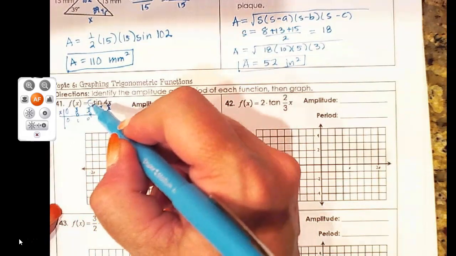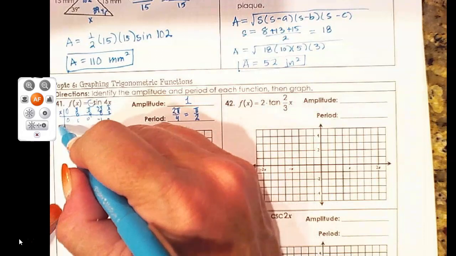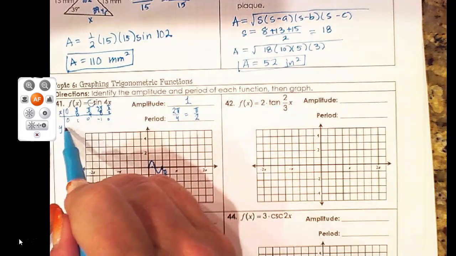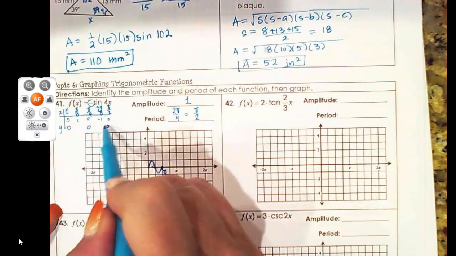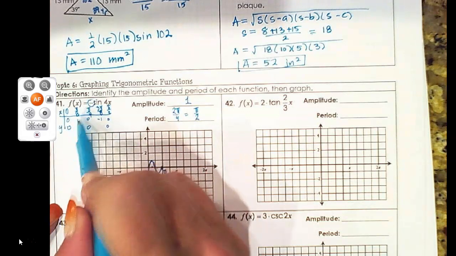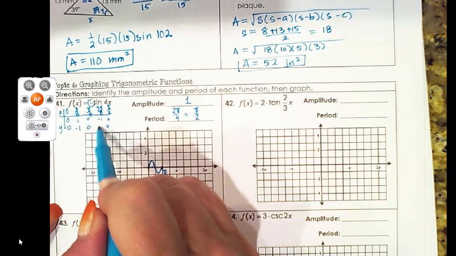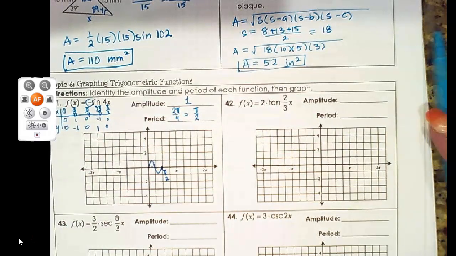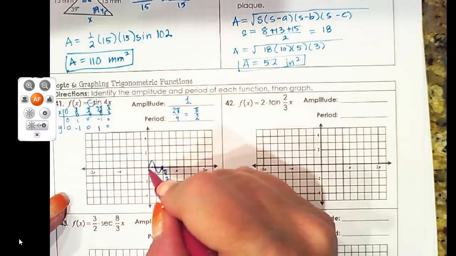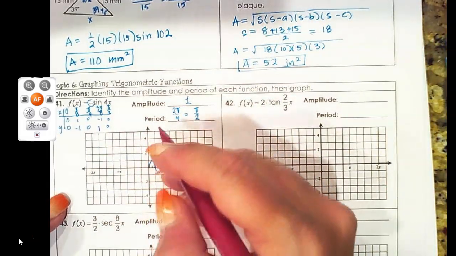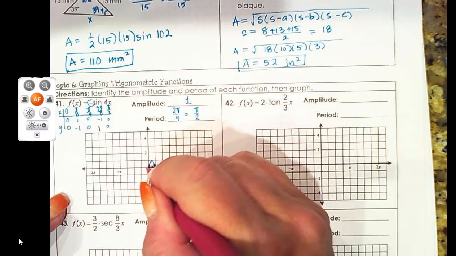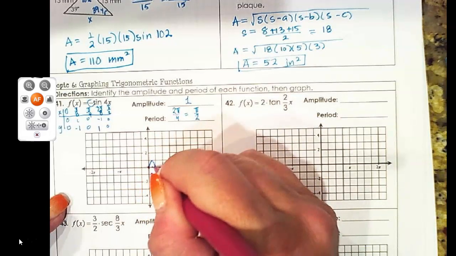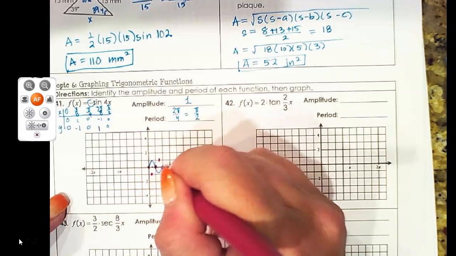This helps me remember I've got to multiply by negative 1 to find my y values. So my zeros are still in the same place, but 1 times negative 1, this helps me remember to do the reflection. So my actual curve for my answer is going to look like 0, negative 1, 0, positive 1, 0.